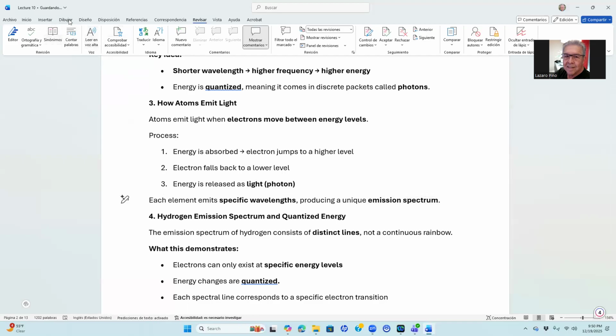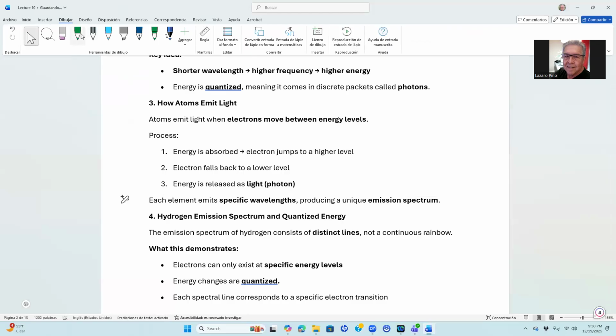Suppose this is the nucleus of the atom, and let me draw here one level of energy, and here another level of energy. If a photon comes here, it gives energy to the electron, and this electron jumps into the next level.